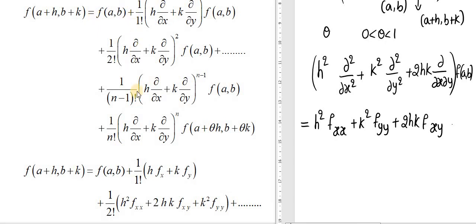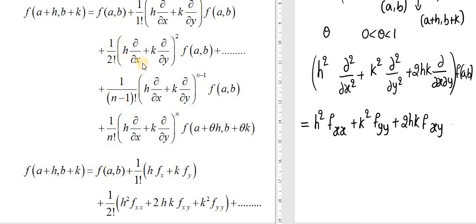So, again observe, here the simplification of all these terms we are going to write. Observe, the value of f at a plus h, b plus k is f of a, b. So, we are going to write first term as it is, plus 1 by 1 factorial h dou f by dou x, that is fx, dou f by dou y, that is fy, plus 1 by 2 factorial.